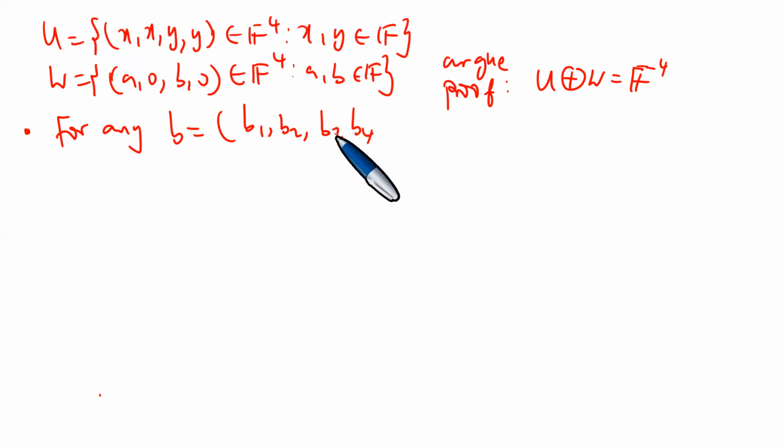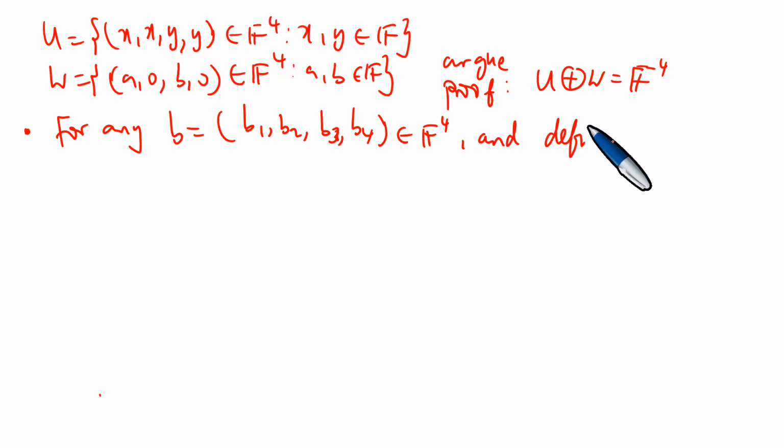So any four component vector, and this four component vector is in F4. And let us define vectors.